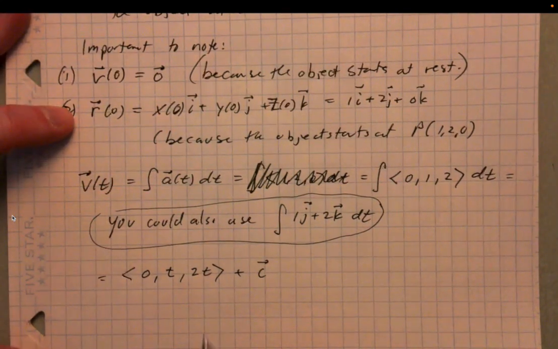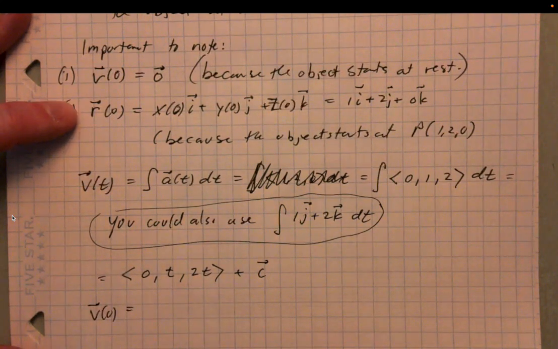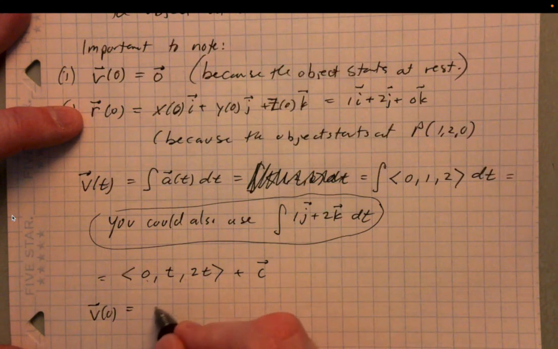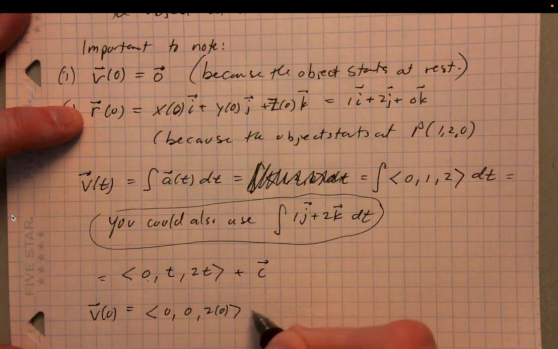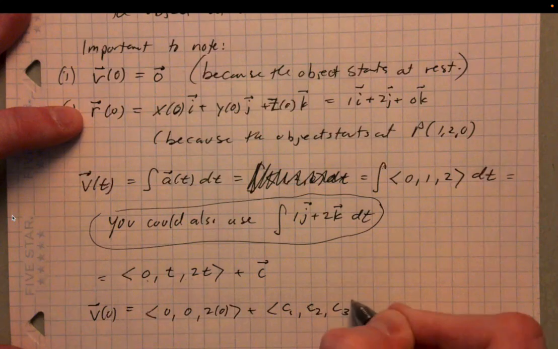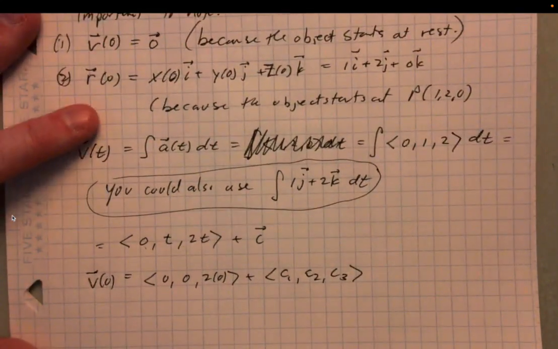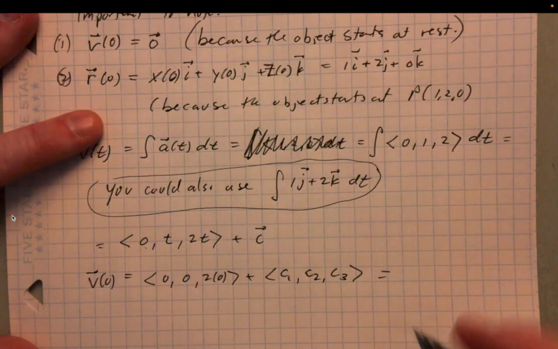So we know that v of 0 is equal to 0, 0, 2 times 0 plus c1, and that needs to equal the velocity at time 0, which was 0, 0, 0.